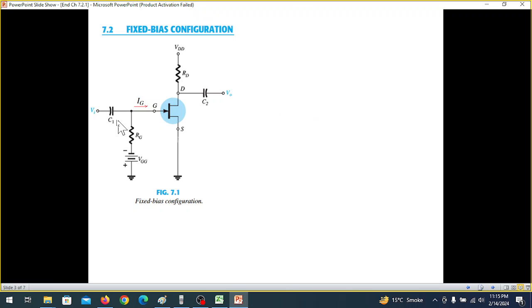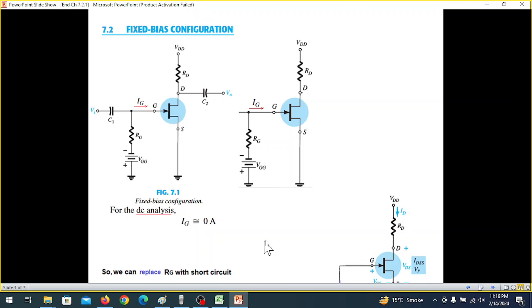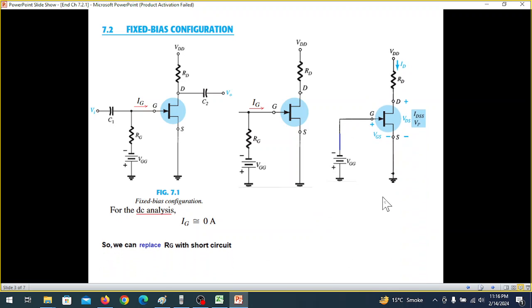And for DC analysis, we remove the capacitor, open circuit. So our circuit will become like this. And then we say that the current IG is 0, therefore there will be no voltage drop here. So the circuit further simplifies to look like this.